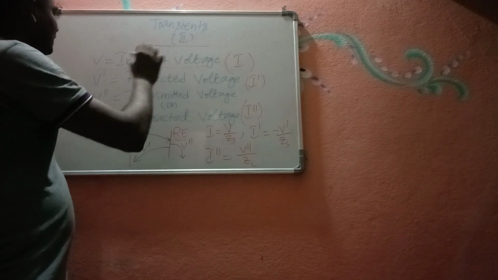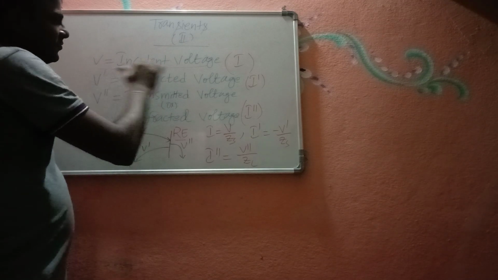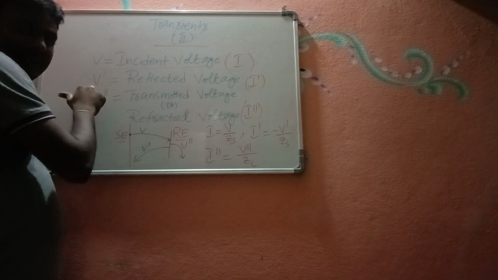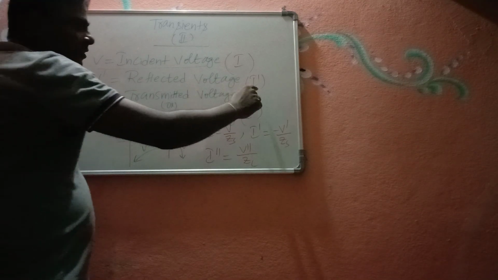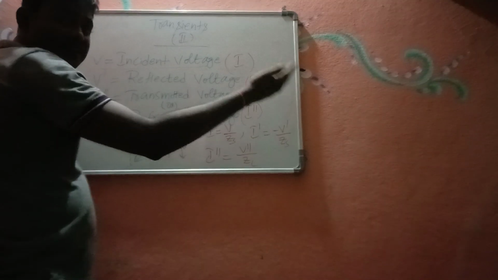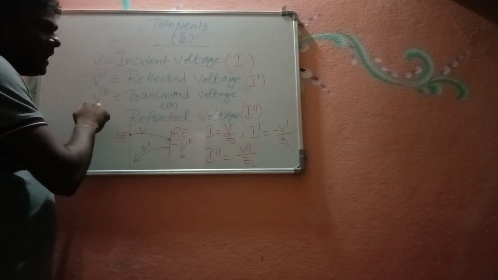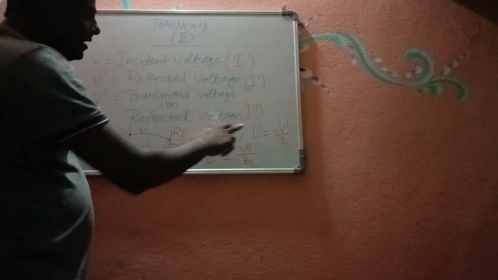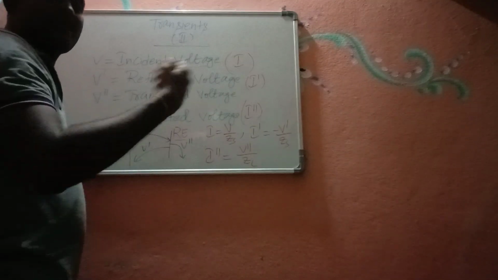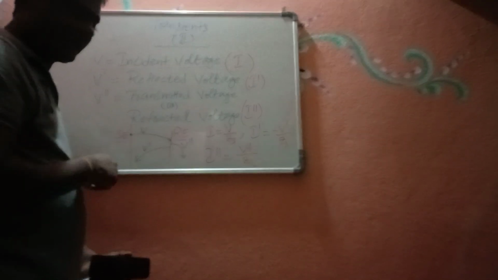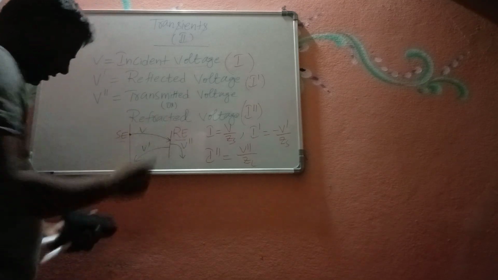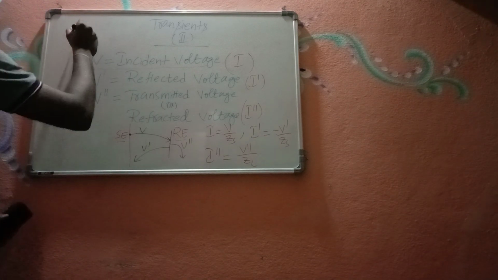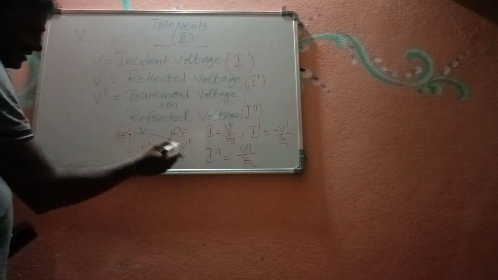This is the incident voltage V and this is the incident current I. Similarly, V dash is the reflected voltage and I dash is the reflected current. V double dash is the transmitted or refracted voltage, and I double dash is the refracted or transmitted current.